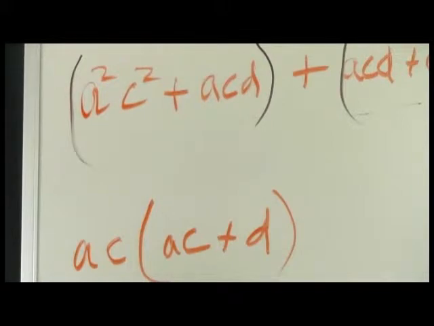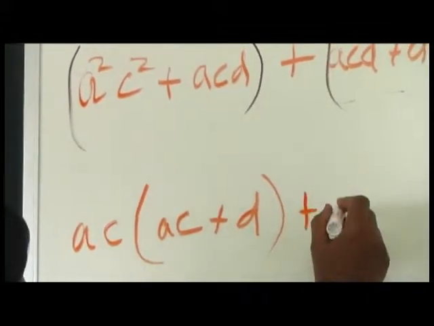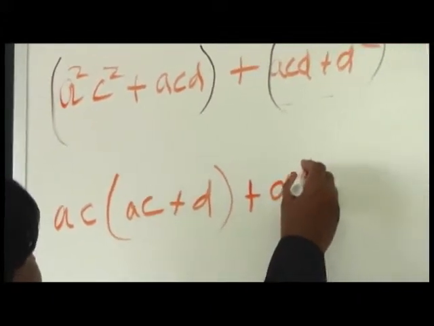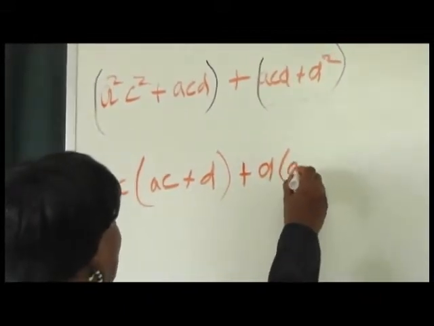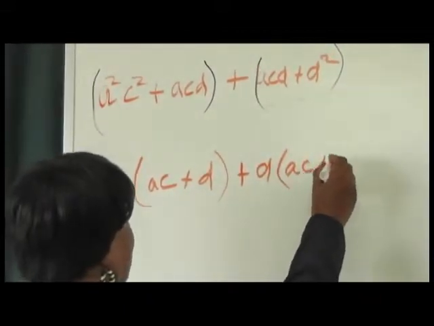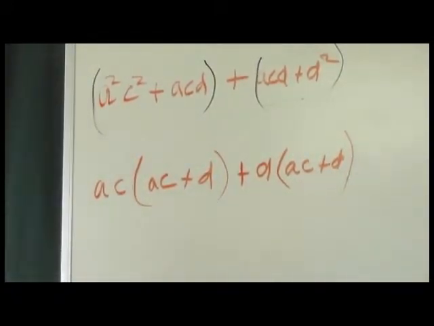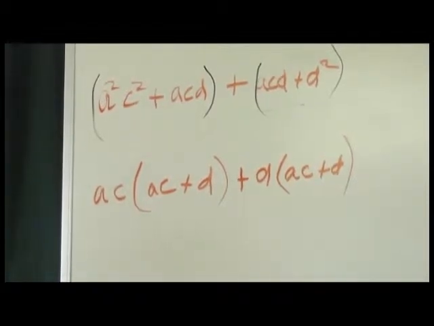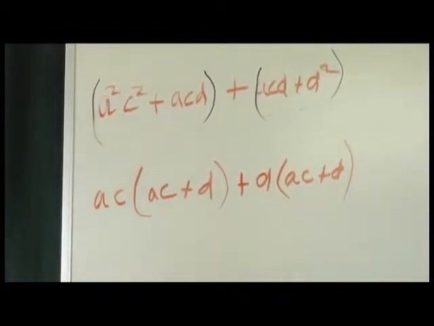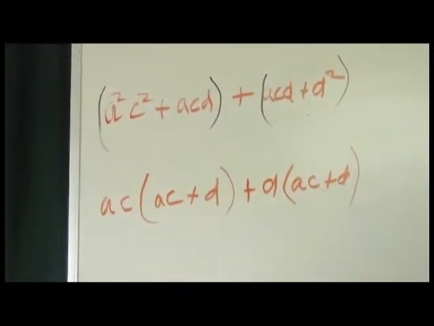We said what is common, and it is AC, and then plus, we can look at a D. We can take out a D, and inside we'd be left with AC plus D. And then again we are saying AC, open bracket, AC plus D.